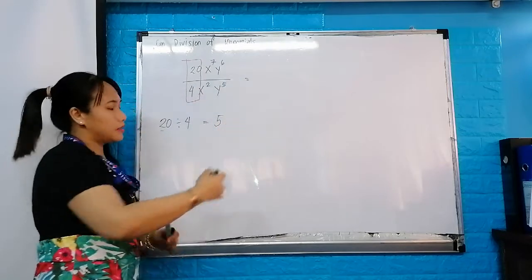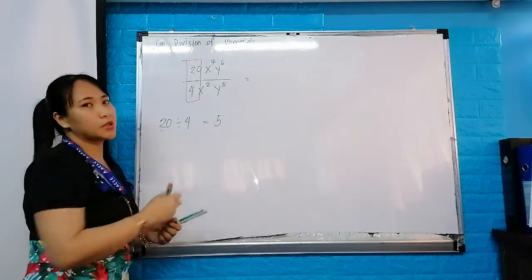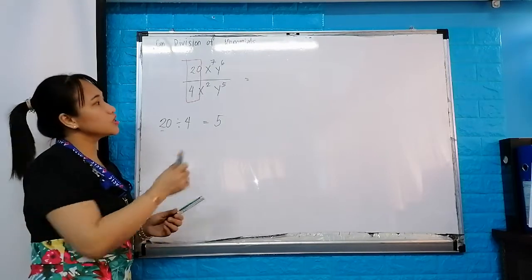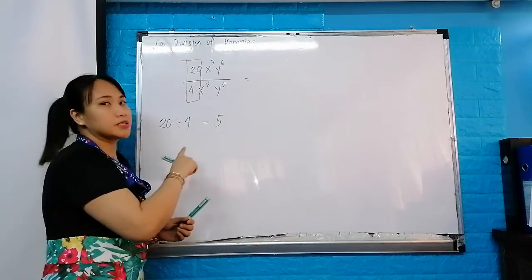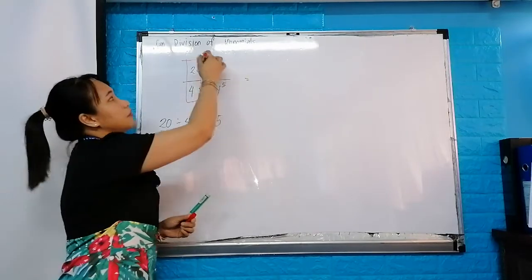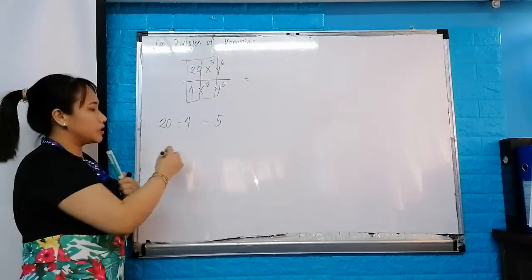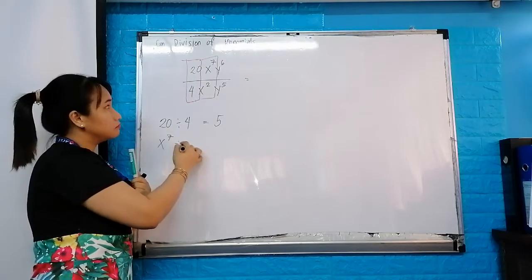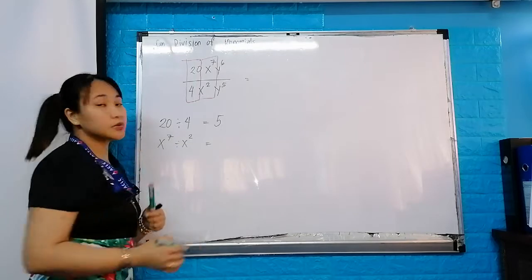Okay. Next, after performing the division of the coefficients, you need to take the variables. We have two variables here, variable x and variable y. So you need to take the first variable, which is x to the 7th power over x squared.